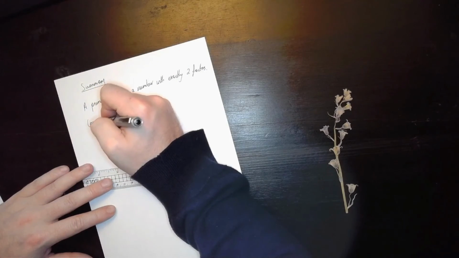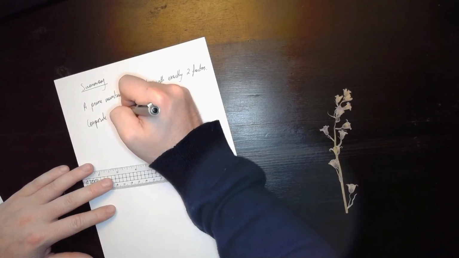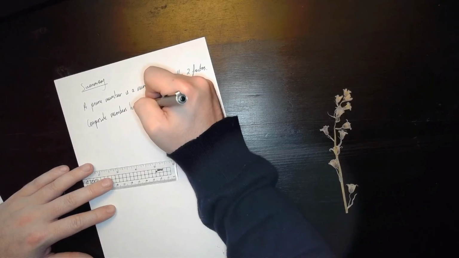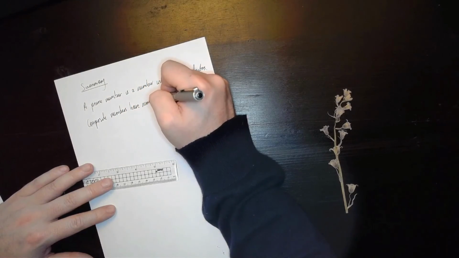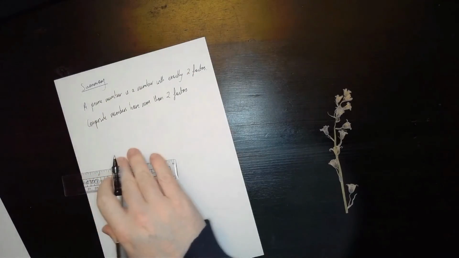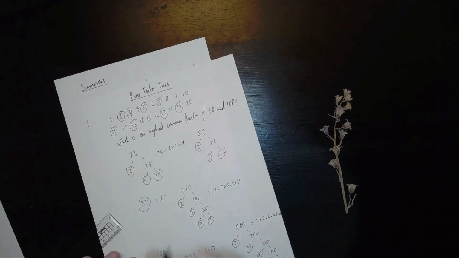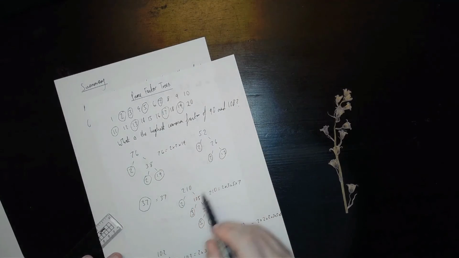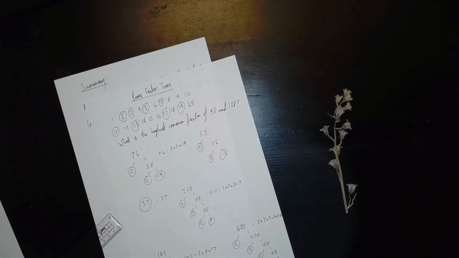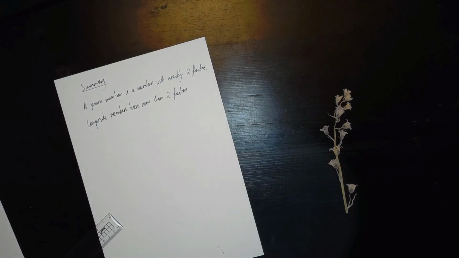Composite numbers have more than 2 factors. So if we go back, 76, 52, 210, 102, 400 are all examples of composite numbers because they can be broken down into prime factors.